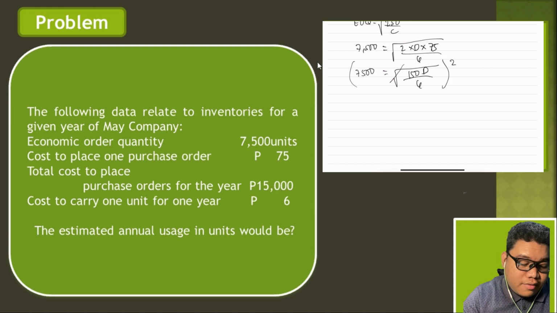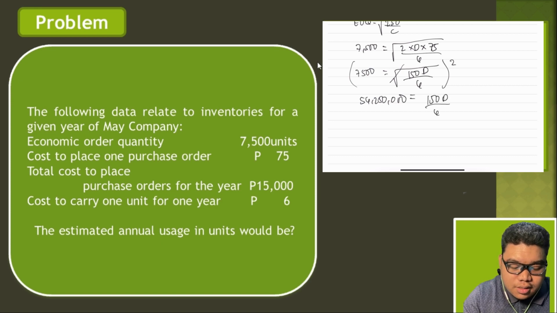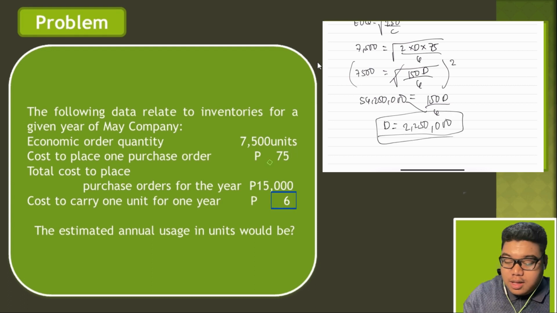So 7,500 squared is 56,250,000, which is equal to 150D over 6. So multiply that by 6 and then divide by 150. That would be your demand, which is 2,250,000.